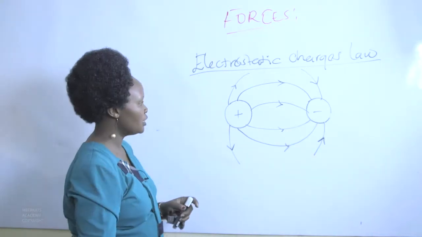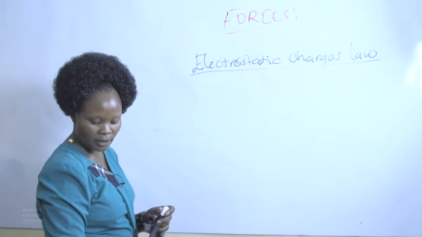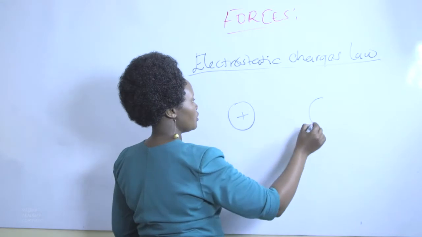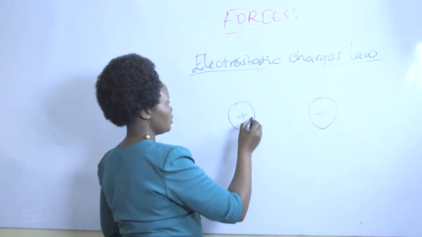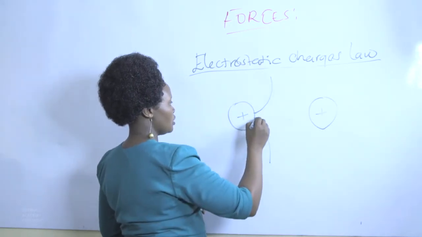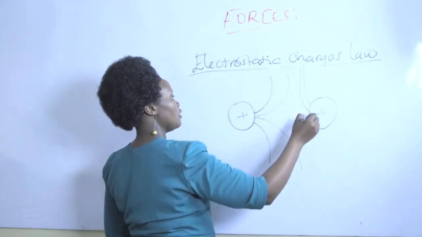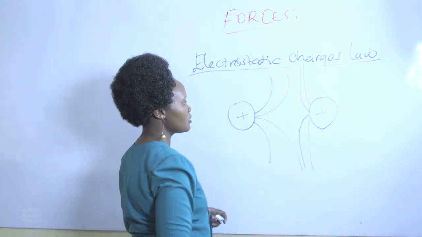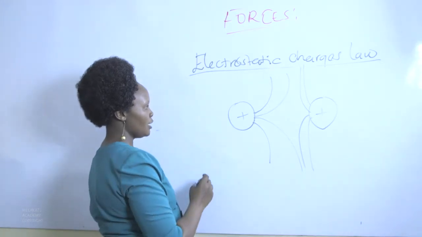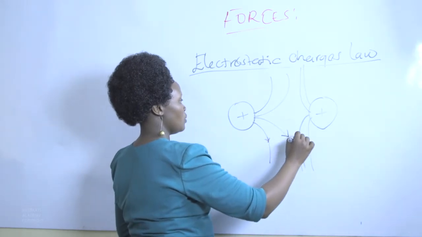Let us look at another field of charges brought together. In this case, let us look at a positive and a positive. We said that the lines should originate from the positive, so we expect that from every positive there will be some lines originating from it and seeking a negative charge, like that.